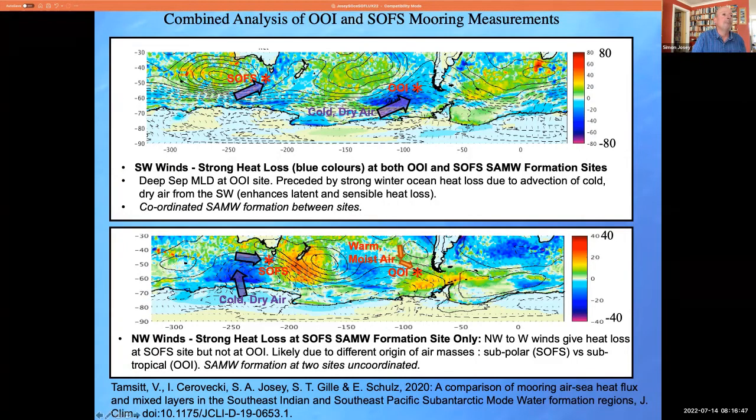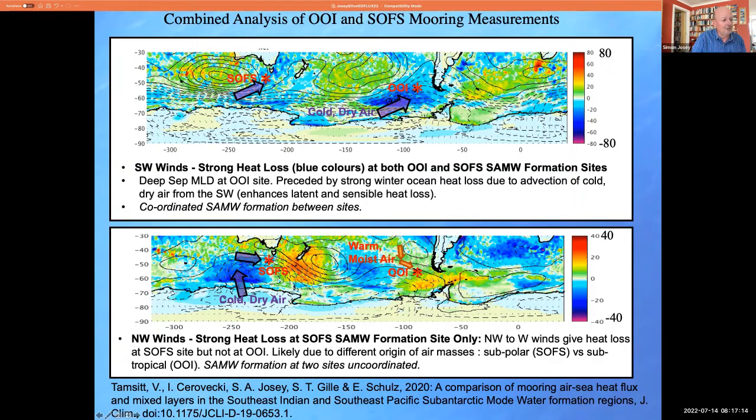And you can have what you would expect, which is if you get cold, dry air coming up from the southwest, you get strong heat loss at both sites. So this is a coordinated mode water formation between the two sites. But we were also able, by looking at the time series from the different moorings where they overlapped, to identify another mode of variability where we only had strong heat loss at the SOFS site.